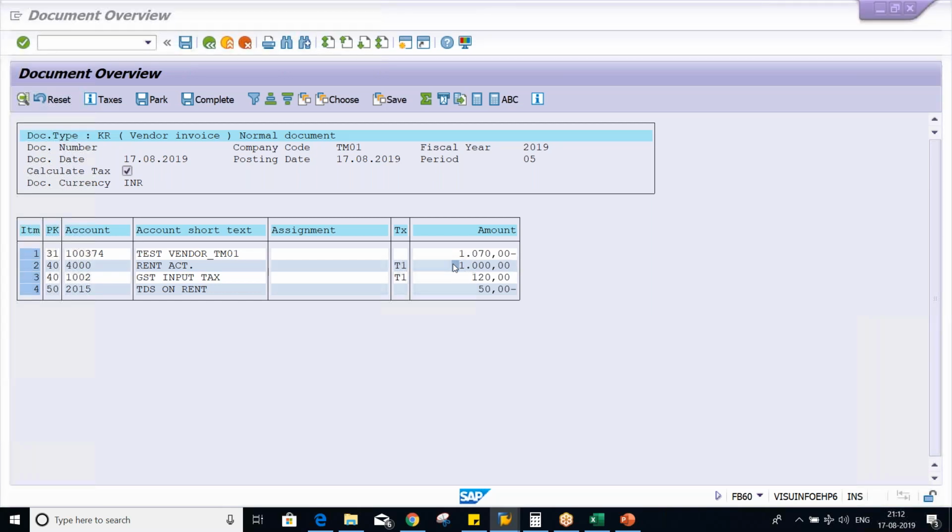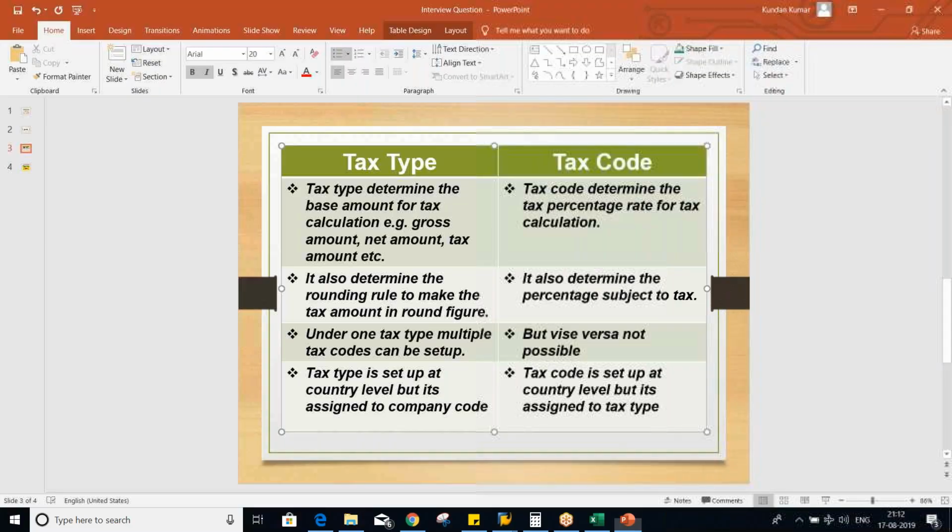So the second important thing I have specified is that the tax code also determines the percentage subject to tax, in the sense which percentage of your base amount is subject to tax is also going to be determined by the tax code.